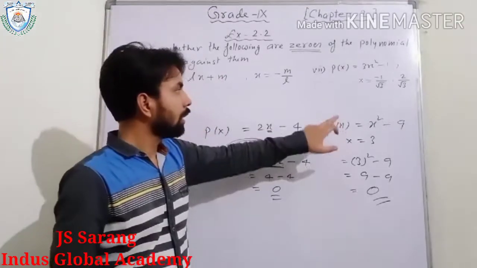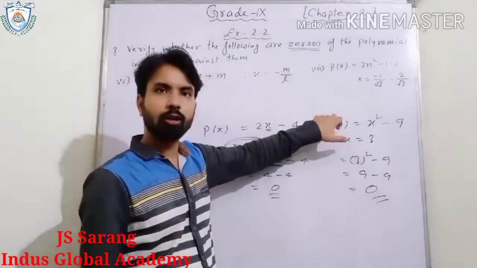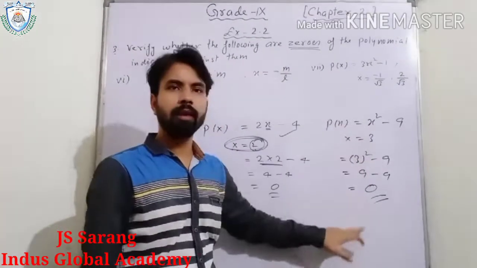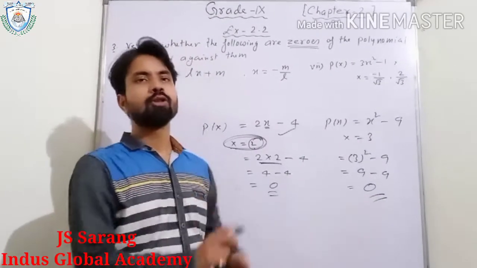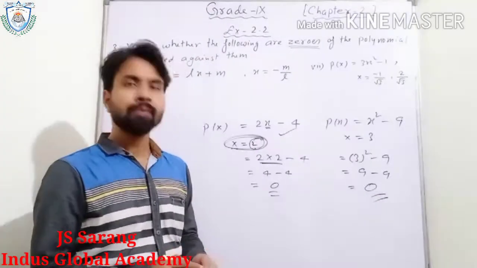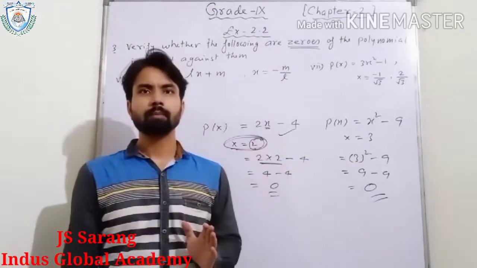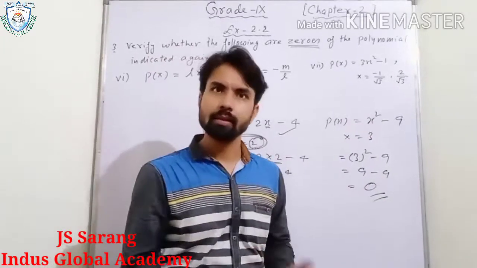That means x equal to 3. So 3 is the zero of this polynomial because for this 3, the value of the whole polynomial is 0. Hope it is clear? Good. So what is the zero of a polynomial? The zero of a polynomial is the value of the variable for which the value of the whole polynomial is 0.